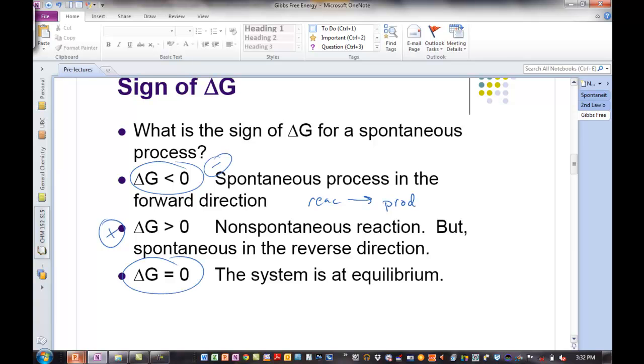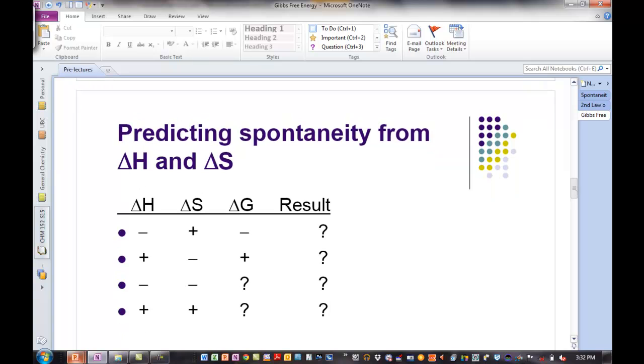We'll mention this later in the pre-lecture, delta G of 0 would indicate that the system's at equilibrium. But focus right now on negative, spontaneous in the forward direction, positive, not spontaneous in the forward direction. Our sign convention, as I talked about already, is really important.